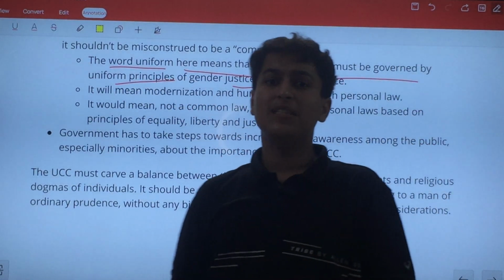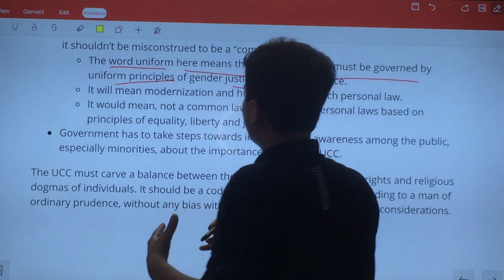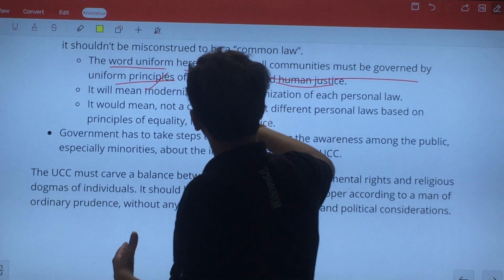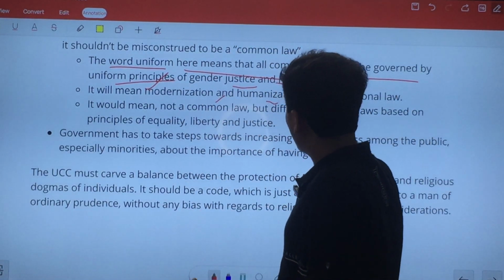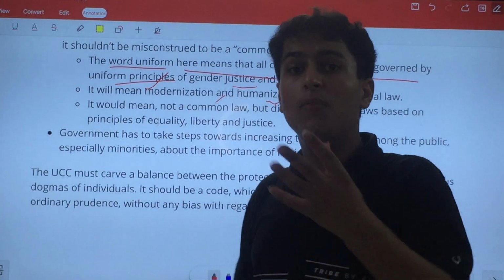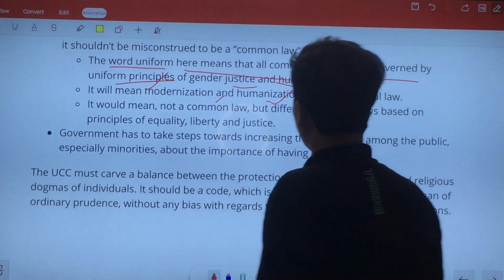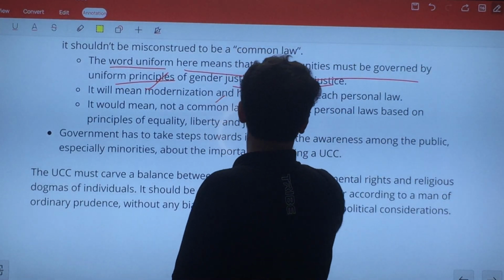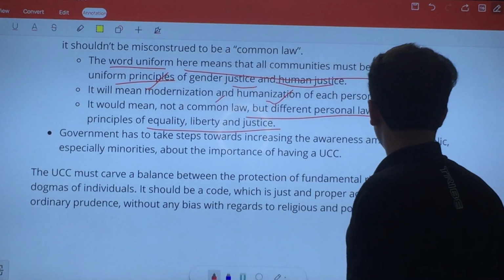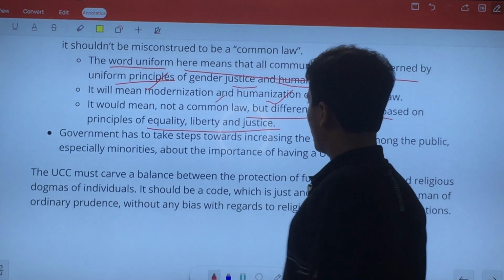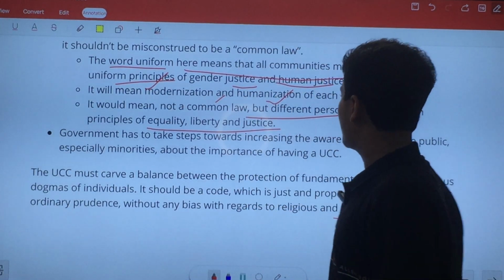We should follow the principles of natural justice, natural liberty, and uniform principles of gender justice and human equality in a modernized as well as humanized way, in a more systematized way, for the benefit of entire humanity, as well as common law but different personal laws based on principles of equality, liberty, justice, and keeping political consideration aside to eliminate the discriminatory laws.